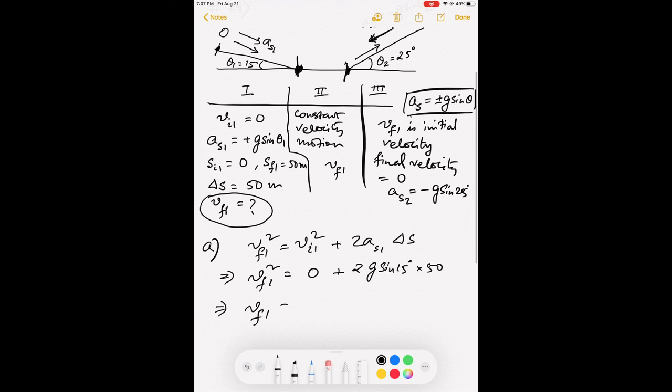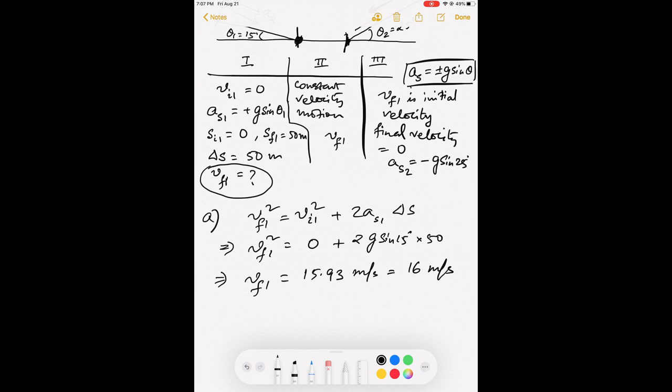Once we solve vf1 from this equation, because g is 9.8, we are going to get 15.93 meters per second, or 16 meters per second. You can call it 16 if you want.